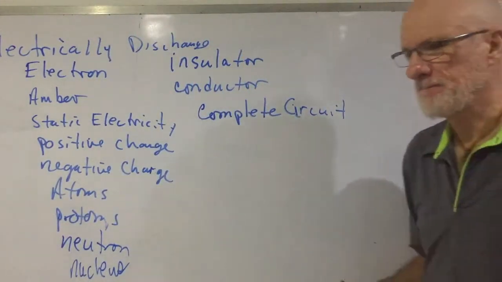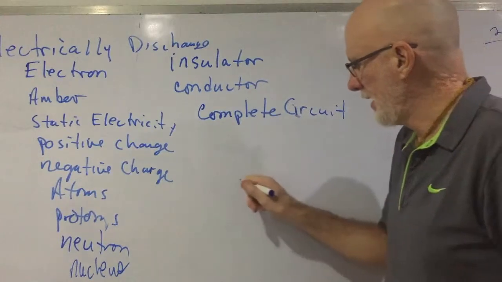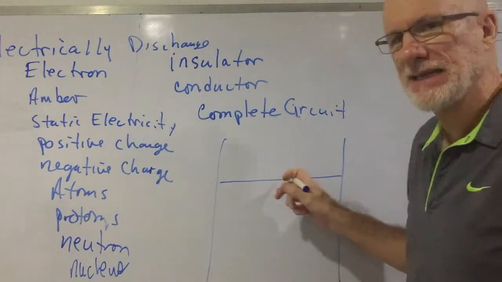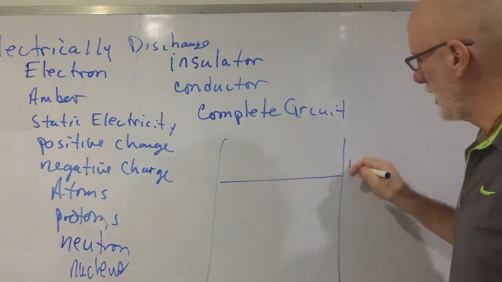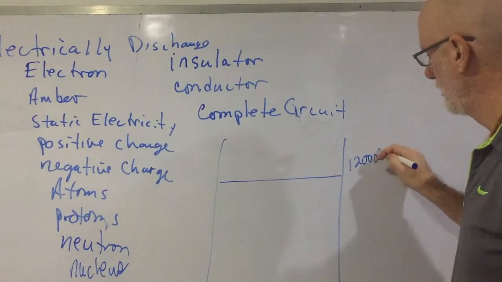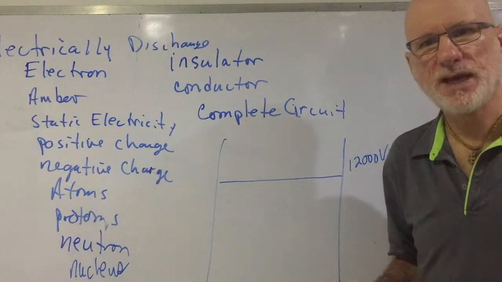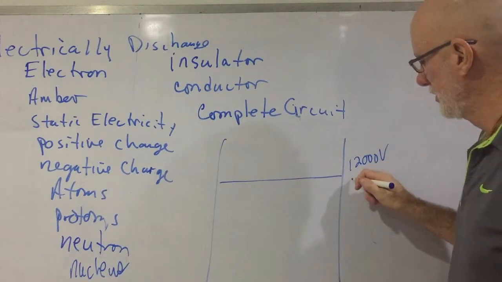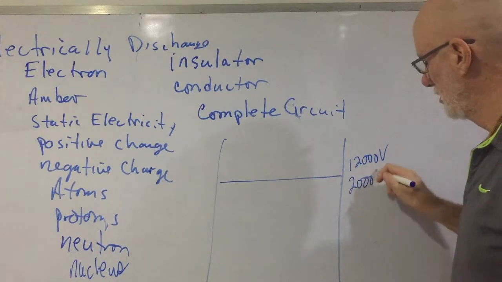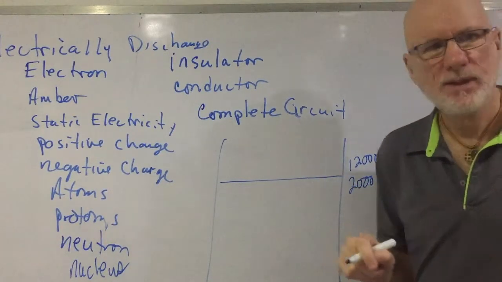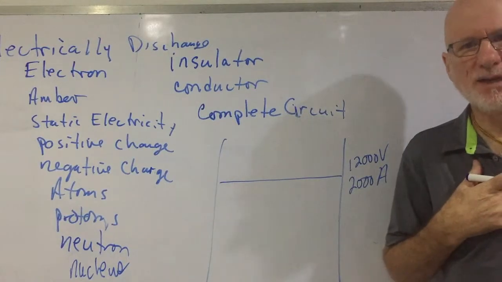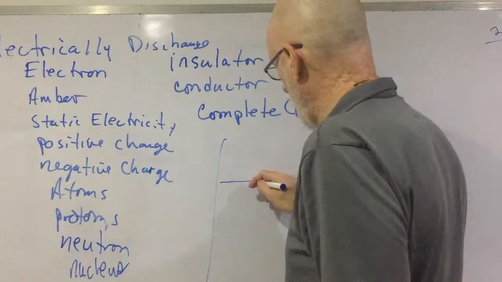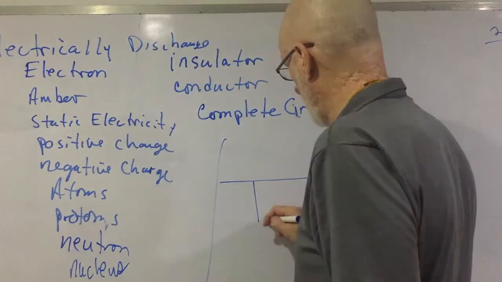All right, so if you have a high intensity wire, 12,000 volts, let's say, and an enormous number of amps, 2,000 amps. A tenth of an amp can kill you. And you're hanging from a pole.